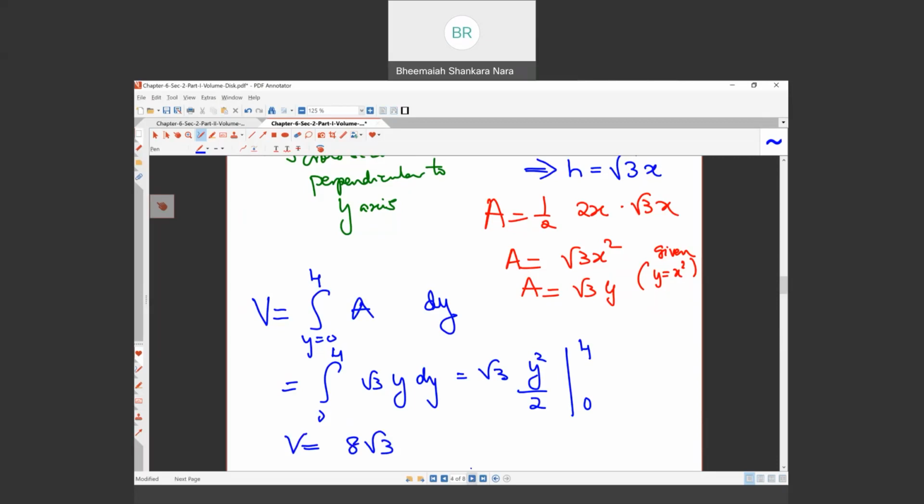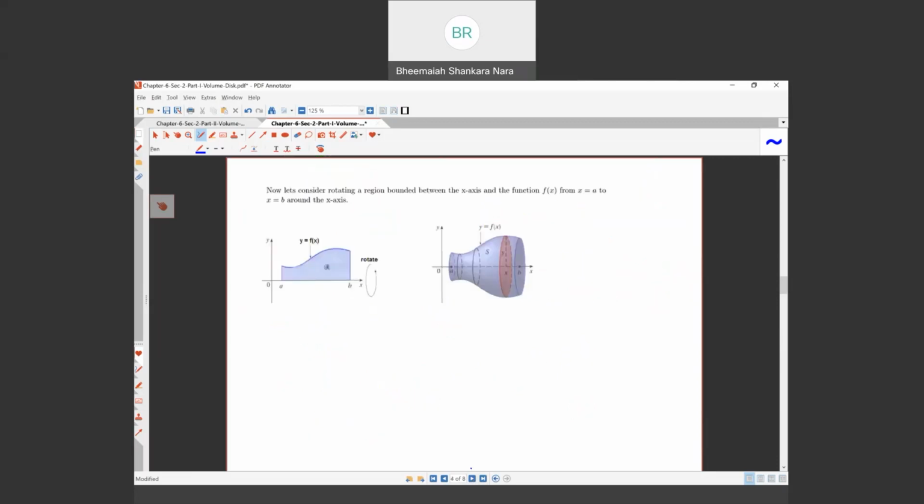The next one. Now let's consider rotating a region bounded between the x-axis and the function f of x. Read this x-axis carefully. And here is the function f of x. So here is the direction of rotation. You will rotate this region R between the x-axis and the function f of x from x equal to a all the way up to x equal to b.